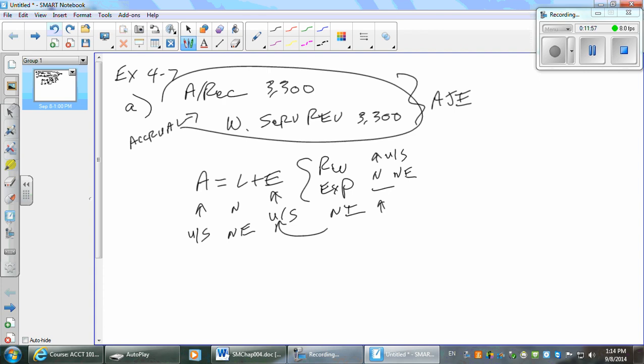What's wrong with it if you don't make it higher? It's understated, which of course is what causes the equity to be understated, right? Because net income is understated. Is this easy? Yeah. What's the hardest part? Figuring out what the journal entry is. The rest of it's just doing it, right? Practice a little bit.